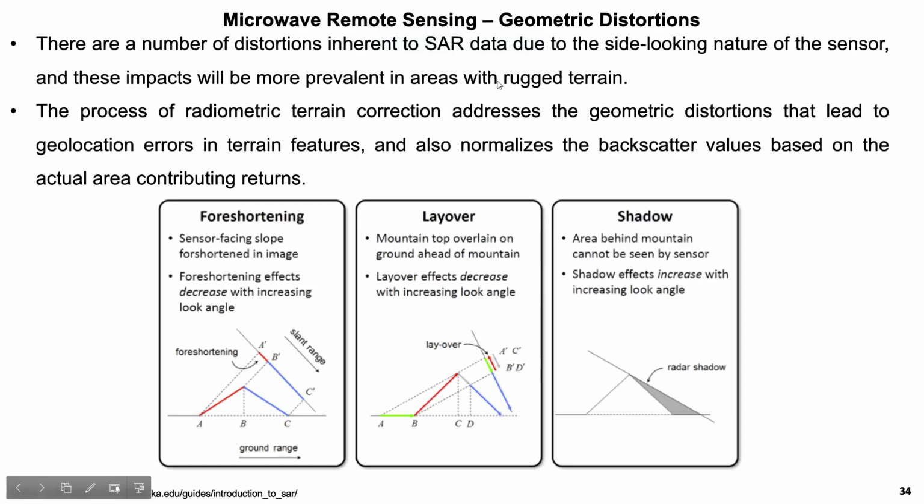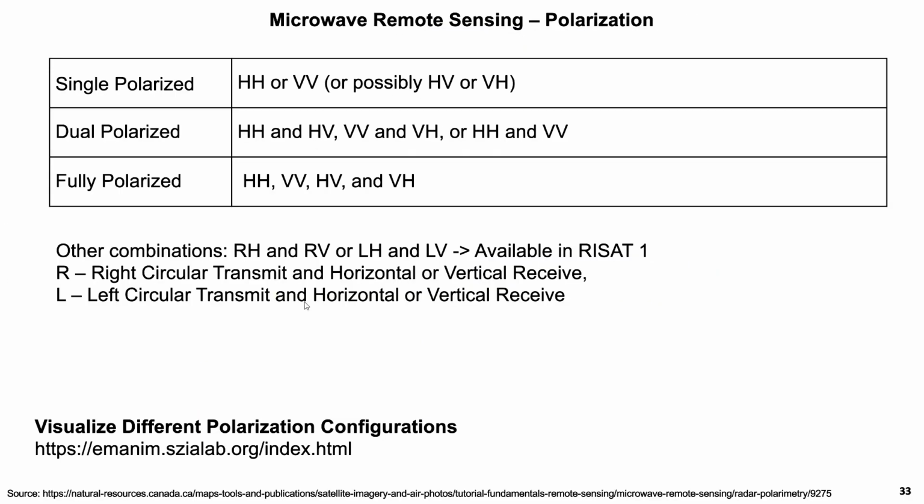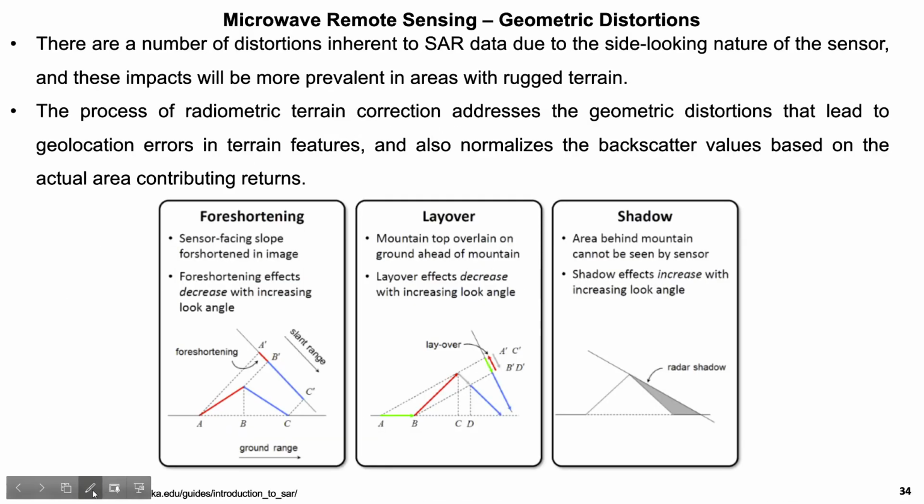And when you are using microwave remote sensing data, similar to optical remote sensing, this is also going to have some geometric distortions. The first distortion is foreshortening.